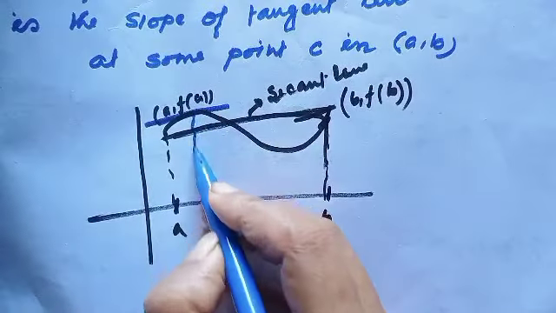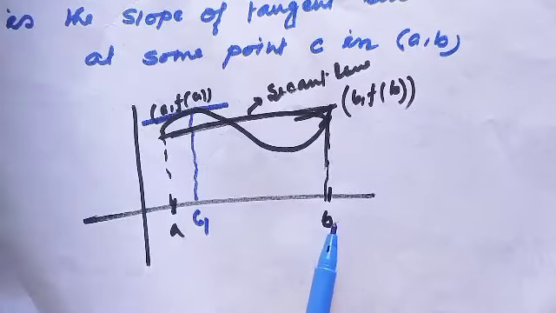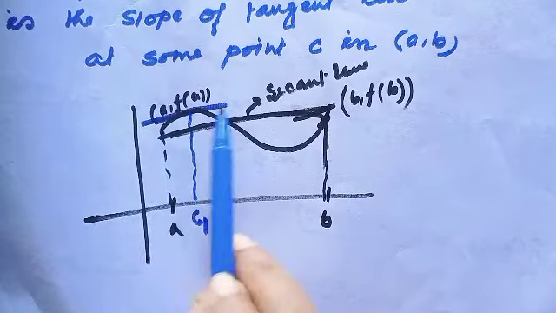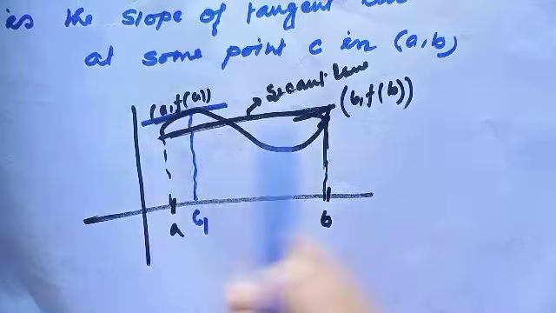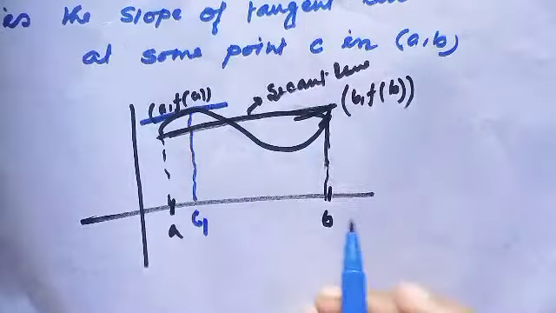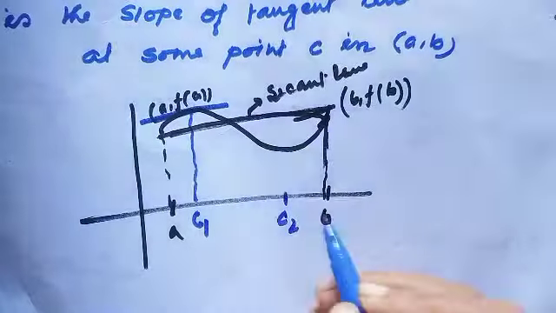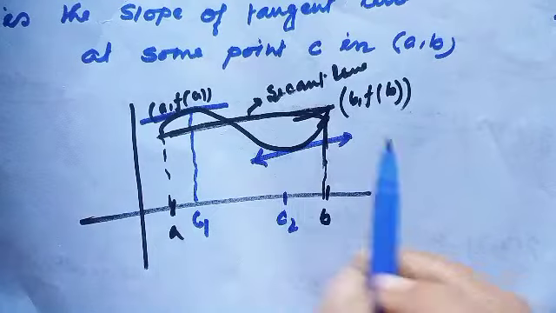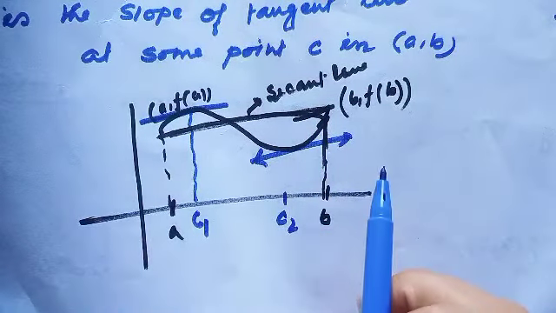That means there exists a point C1 between A and B such that this tangent line is parallel to the secant line. Also, there exists another point C2 such that this tangent line is parallel to the secant line.